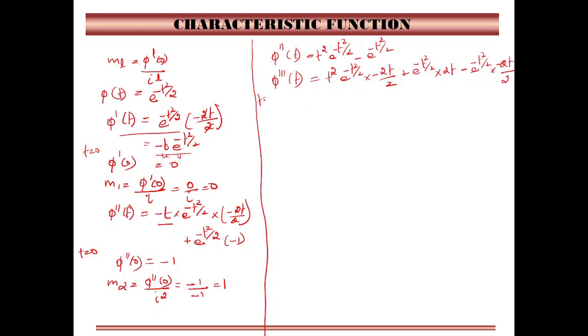In this we substitute t is equal to 0. If we substitute t is equal to 0, every term will get 0. So phi triple dash of 0 is equal to 0. Therefore m3 is equal to phi triple dash of 0 by i cube, which is equal to 0. So it is clear that m1 is equal to 0, m3 is equal to 0, etc.